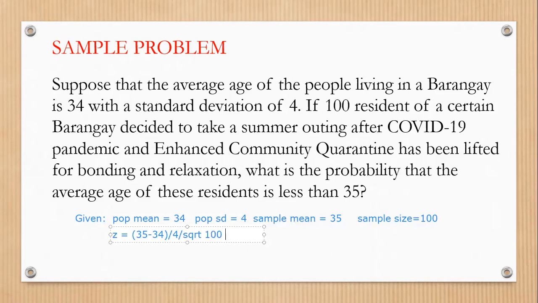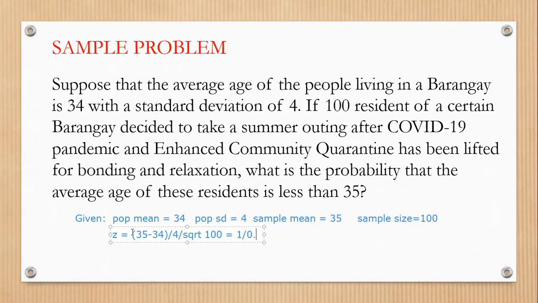Okay? So basically, we will have 1 over, okay, the square root of 100 is 10. So 4 divided by 10 is 2 over 5 or 0.4.